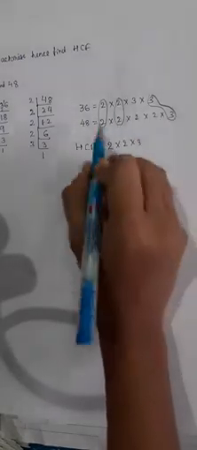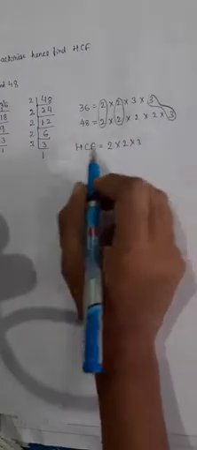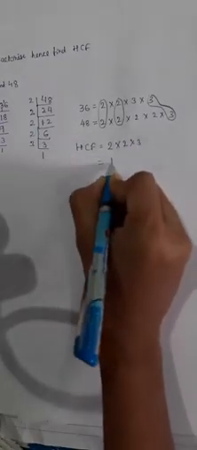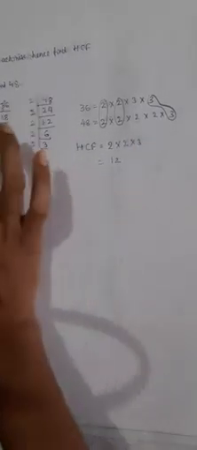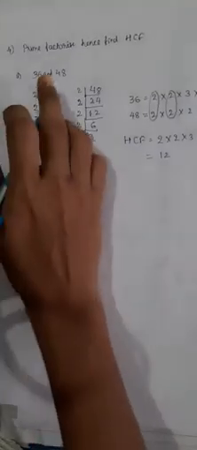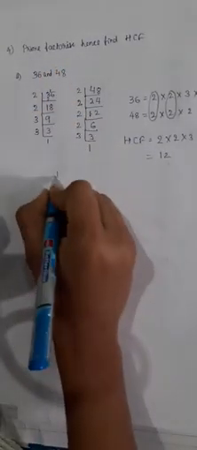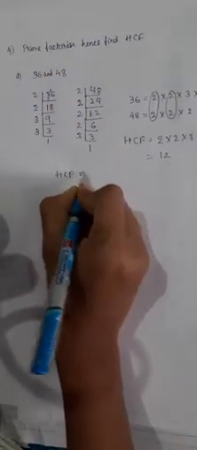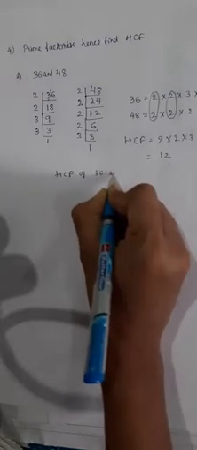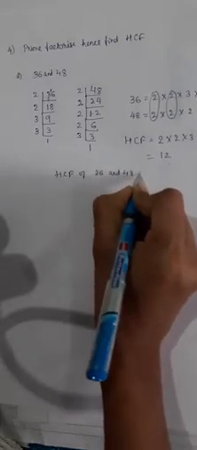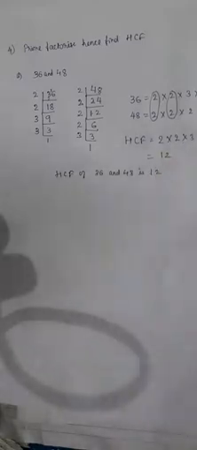We have taken what are common things and multiplied. It is 12. Therefore HCF of 36 and 48 is 12. Like this we will solve. One more problem.